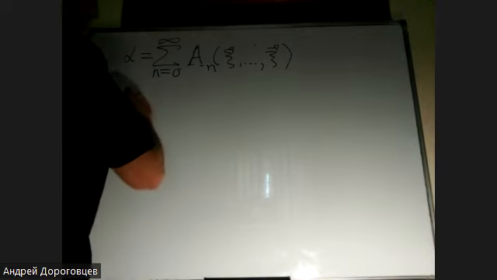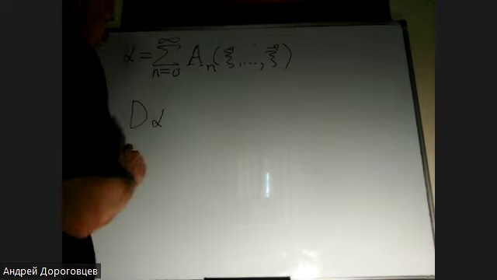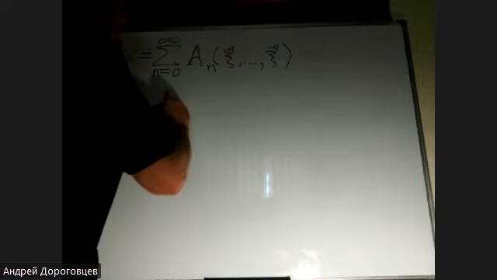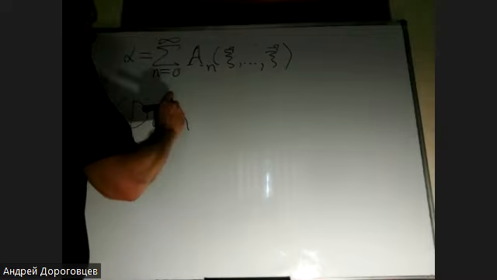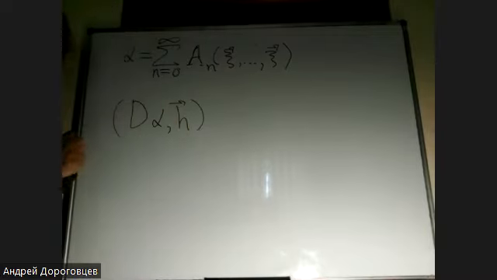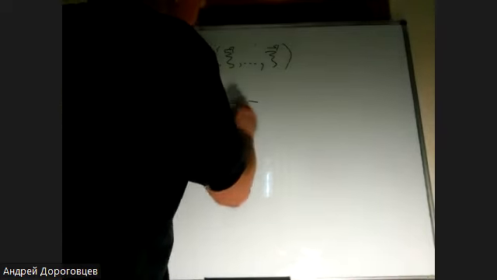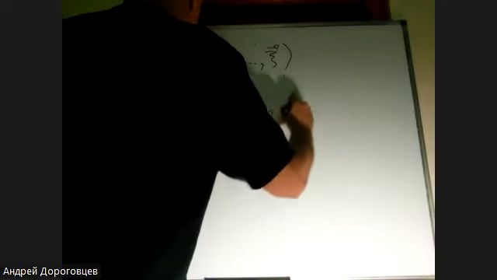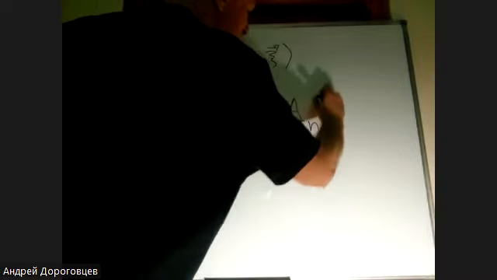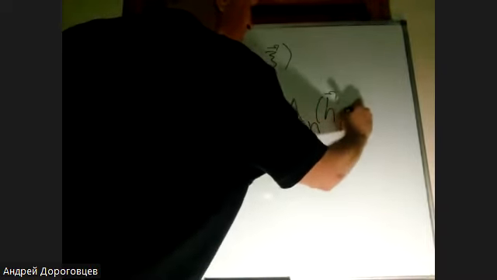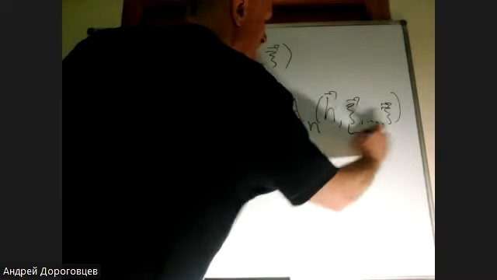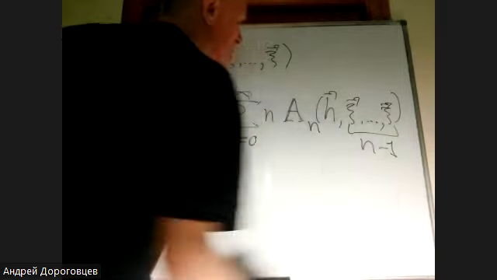I will define d alpha as a random vector such that if I multiply it by some vector h from our space R^d, then I must get the following sum over n from 0 to infinity, and here is a_n, h, and then psi, so we have here n minus 1 psi.